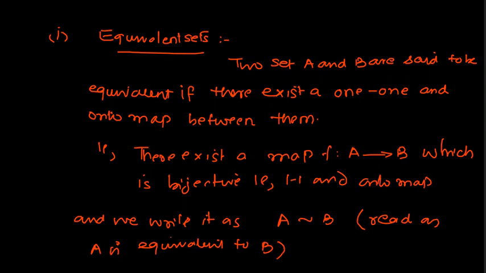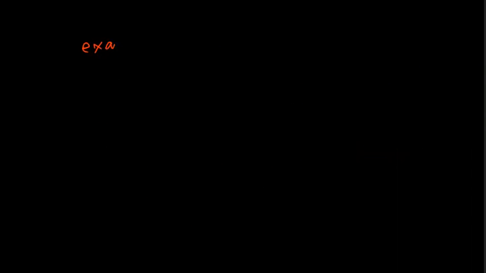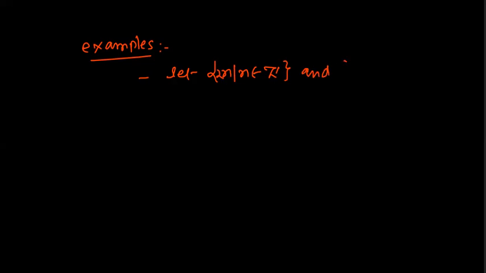So let us see some examples. The sets {2n : n belongs to Z} and {2n minus 1 : n belongs to Z} are equivalent.